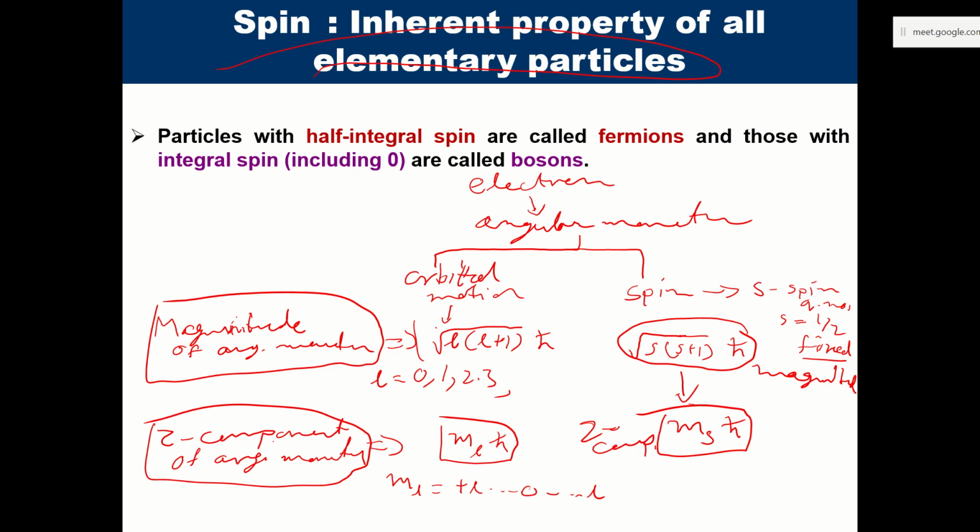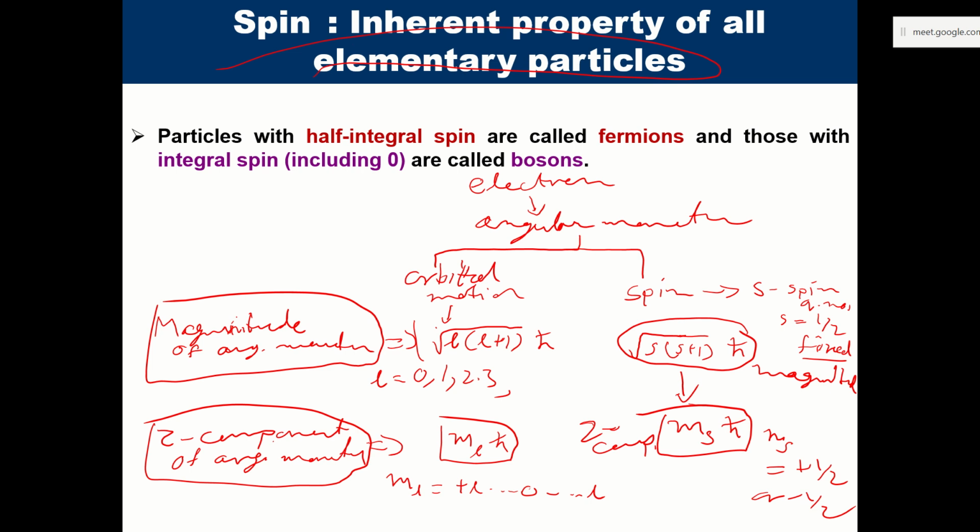In a similar way, ms can have values of plus half or minus half, right? So this is the half integral spin. We say that the electron is a particle which has half integral spin.